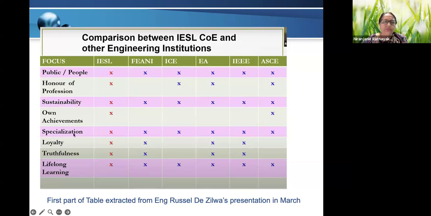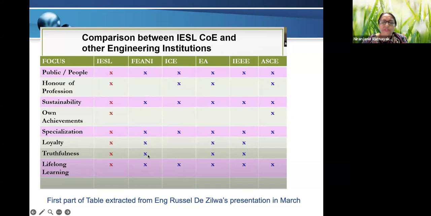Then specialization, working only in our own specialized areas, is there in all. Then loyalty to our employer is there in IESL as well as the FIANI, that's the European one, Engineers Australia, and IEEE.